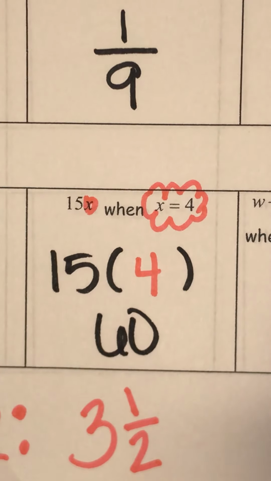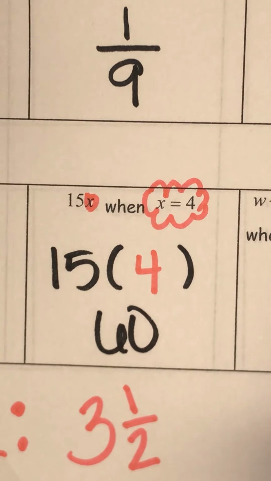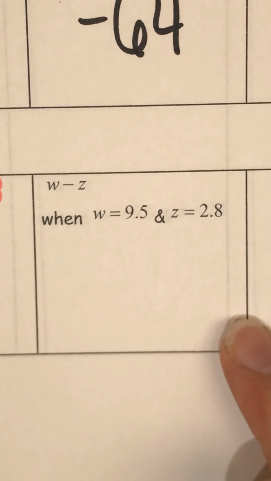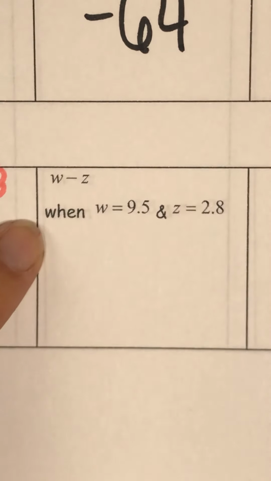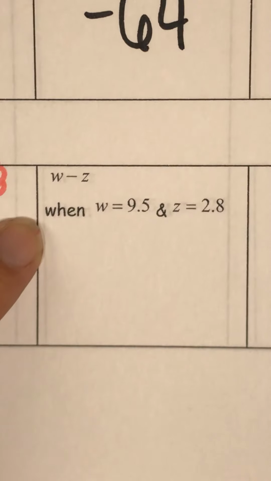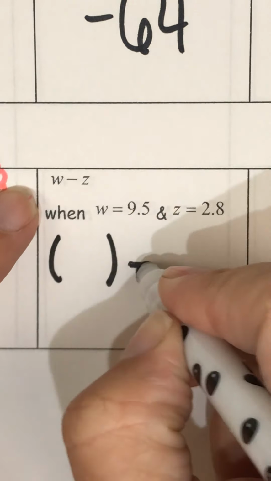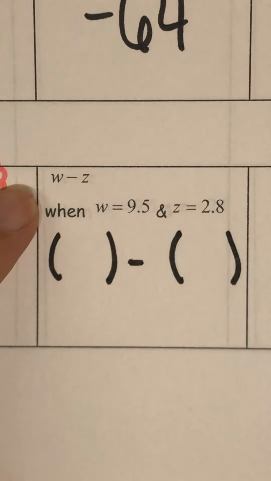Okay, the next one is w minus z, when w equals 9.5 and z equals 2.8. Next, I'm going to use parentheses and parentheses.